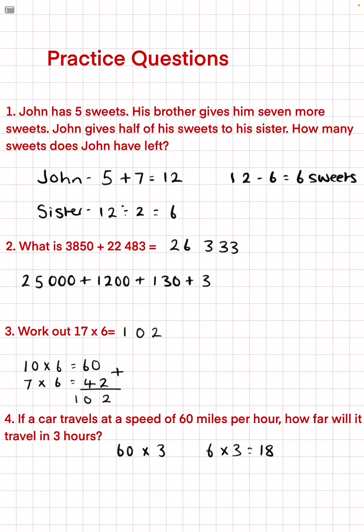Now we can make this number 10 times bigger by multiplying by 10. And we can add the 0 back on. 18 times 10 is 180. So the answer is 180 miles.